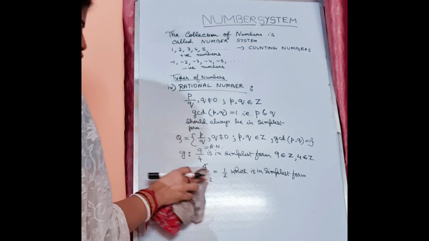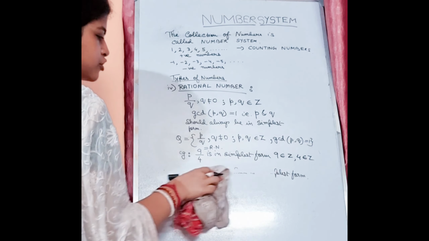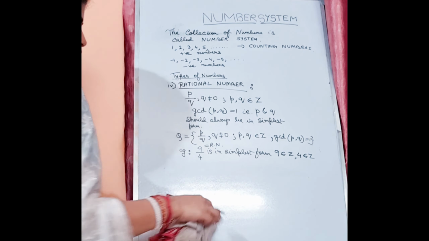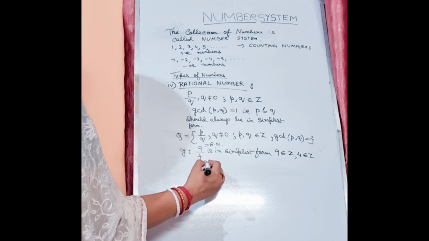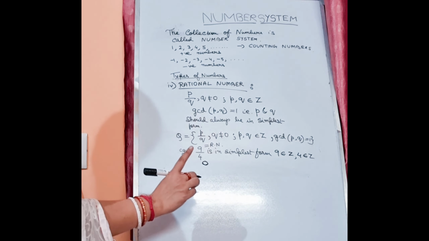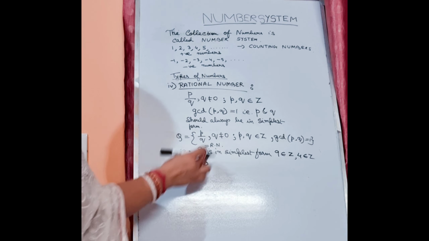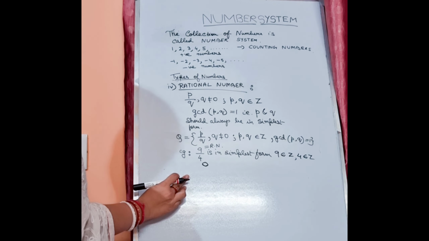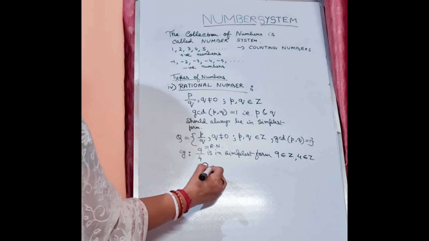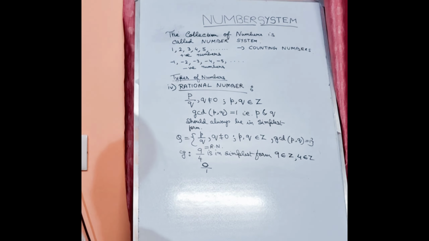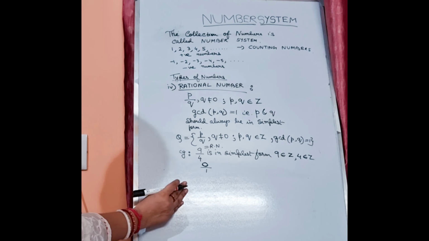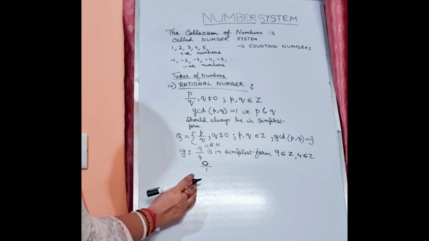Also if I ask you whether 0 is a rational number or not. You may say that 0 is only one number. Obviously 0 is an integer. But in a broader sense, we know that 0 can be expressed in the form of 0 by 1, because that is also equal to 0.